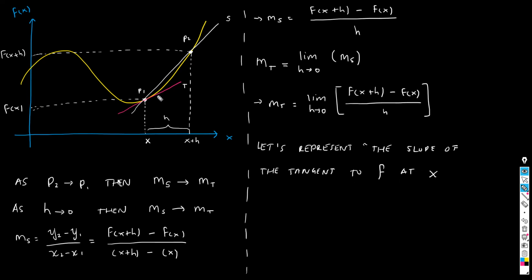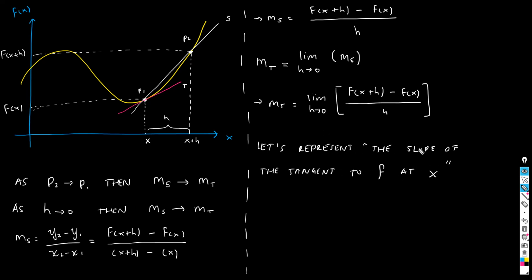Okay, you see this is the tangent, and the tangent has as one of its points x comma f of x. So that's why I'm writing this. Let's represent the slope of the tangent to the function f at x.